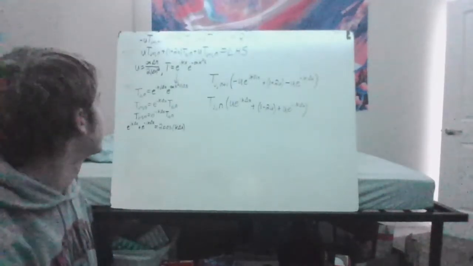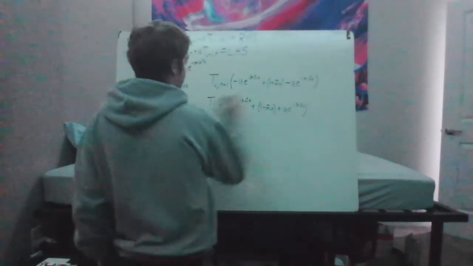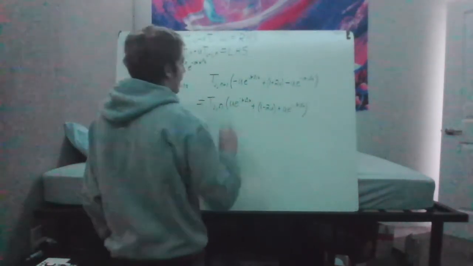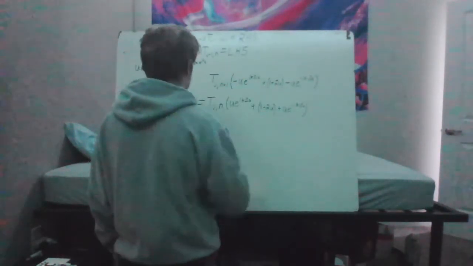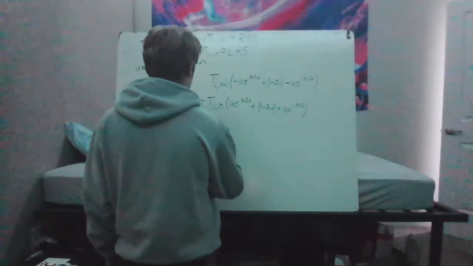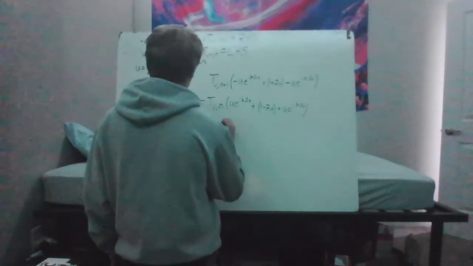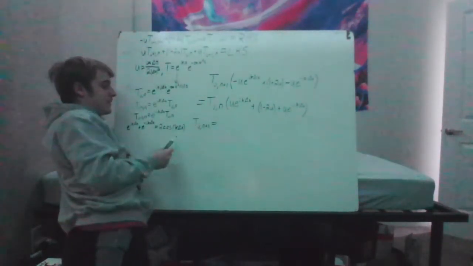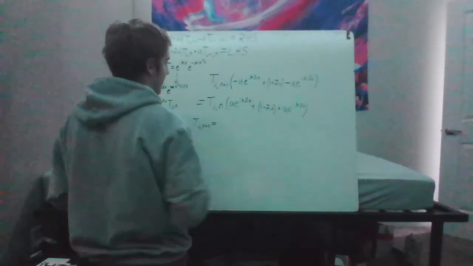So again, we want the left-hand side to be just T_j^{n+1}. These are set equal to each other, so what we're going to want to do is divide this by this in order to get that on its own side. I'm going to do that really quickly. We also will be using this equation that we also used in the third video in order to simplify these e to the ik delta x's.